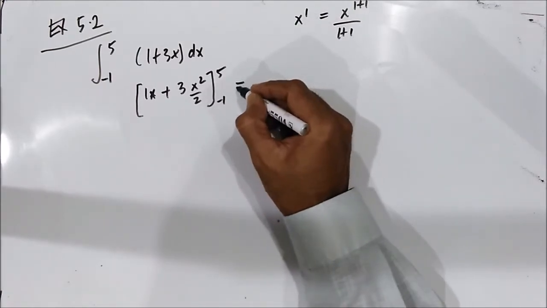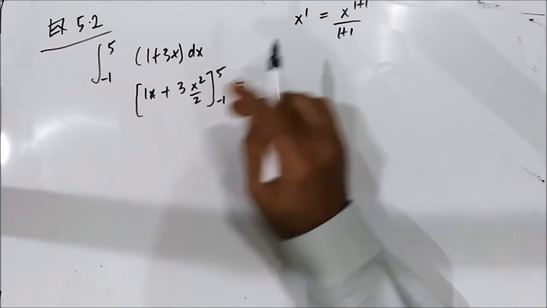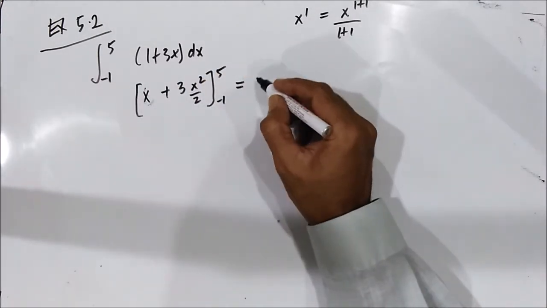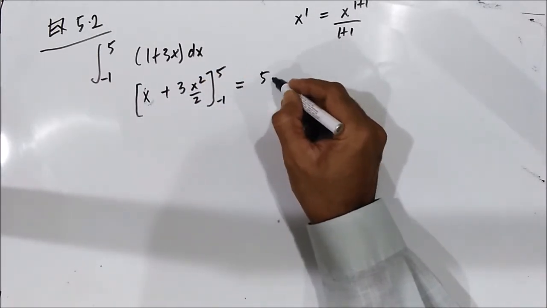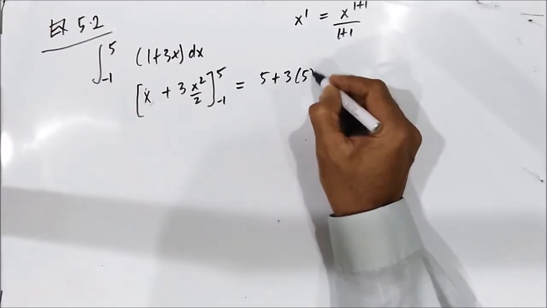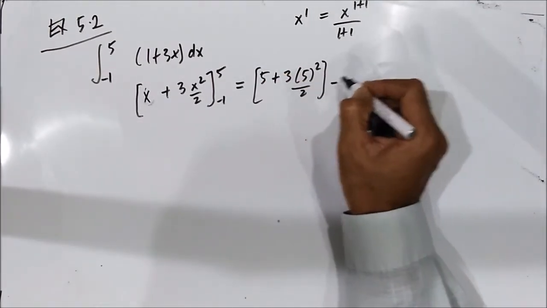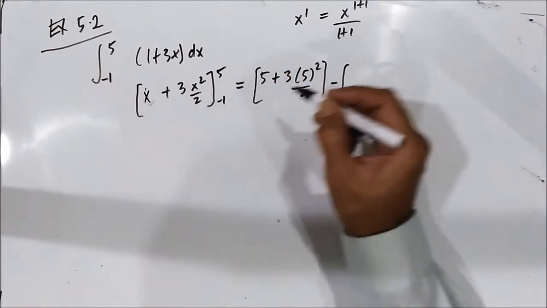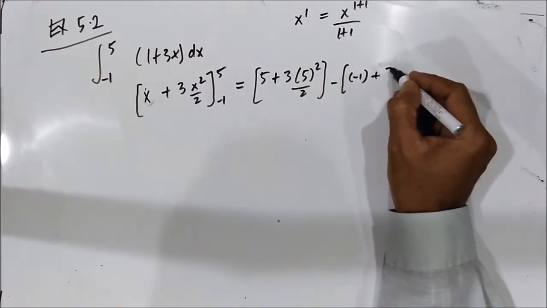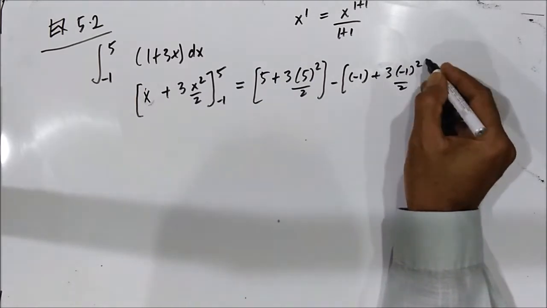When I substitute x equal to 5, 1 multiplied by x is x. So here is 5 plus 3 multiplied by 5 squared over 2. Then minus, you substitute for -1, plus 3 times -1 squared over 2.